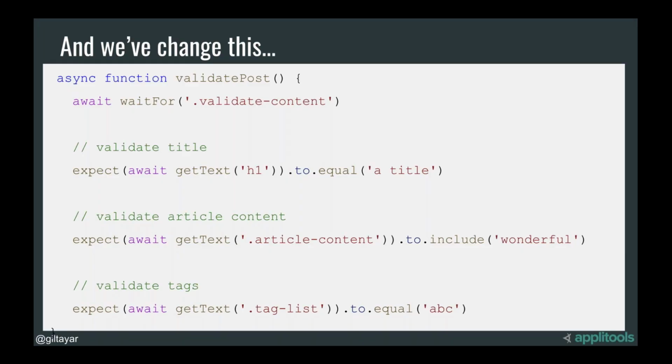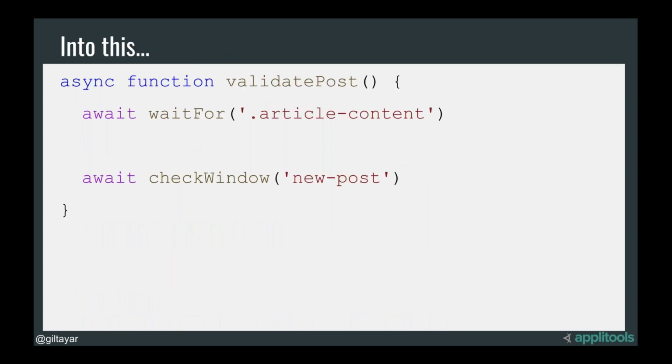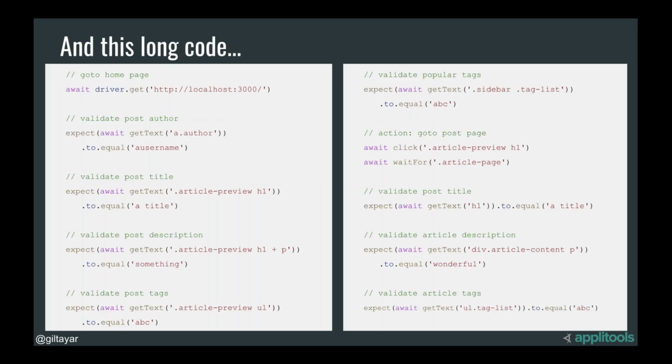And we've changed this validation of the post, as an example of a validation we did earlier, which checks that the title is correct and the article content is correct and the tags are correct and whatnot. We've changed it into just one line, check window, we're done.